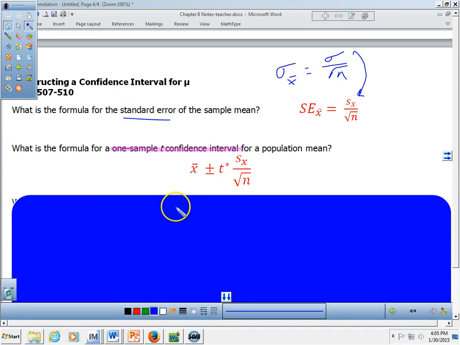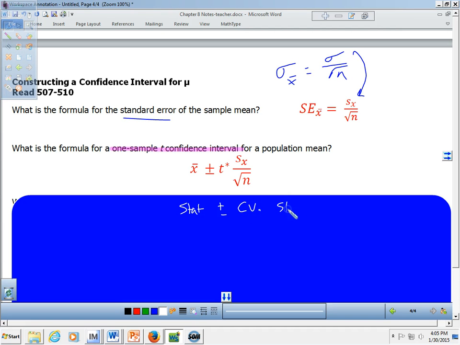And again, this does tie into our general form of a confidence interval: statistic plus or minus critical value times standard deviation of the statistic. Okay, so the connection here is this. Your statistic, if you're going to talk about means, is going to be x bar, your sample mean. Your critical value comes from this new t distribution, and this guy is our standard deviation of our statistic, now called standard error, right?